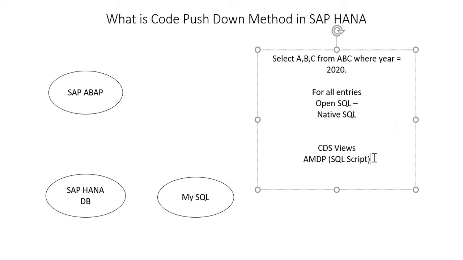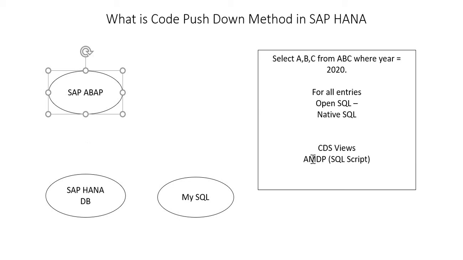But on the other hand, if I talk about the bottom up approach, if you are using SAP HANA, then you can go with AMDP, because using AMDP you are actually writing the SQL script in your SAP HANA database, and then you are calling this AMDP in the ABAP framework.